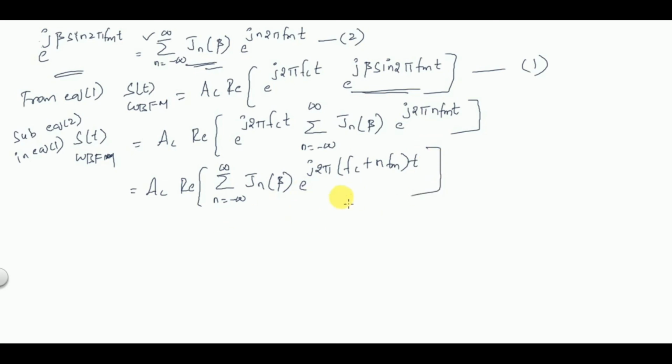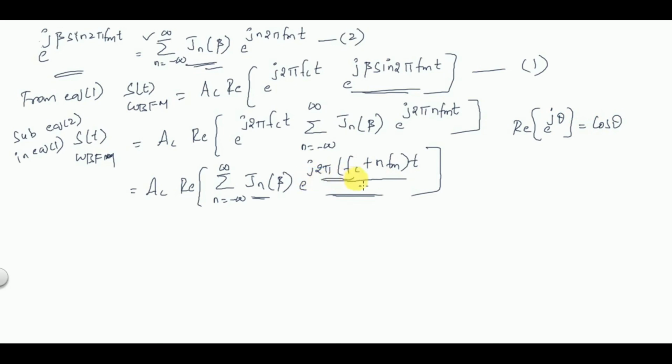So what is the real part of this? This is the only exponential term present; the Jn term is not exponential. So the only exponential term here is of the form e power j theta, and we know that the real part of e power j theta is cos theta. This total term is theta.